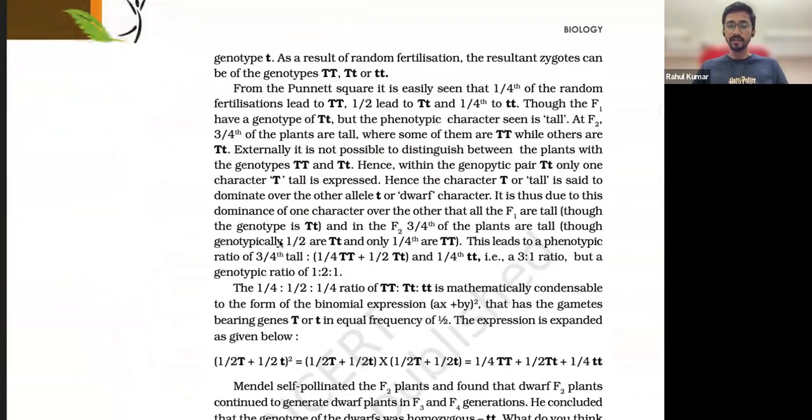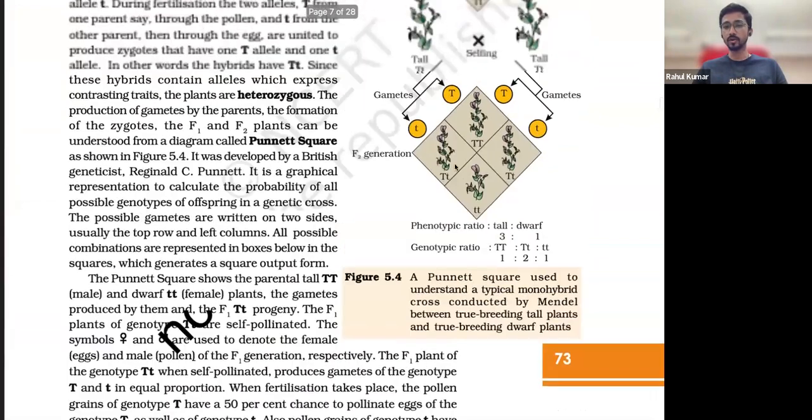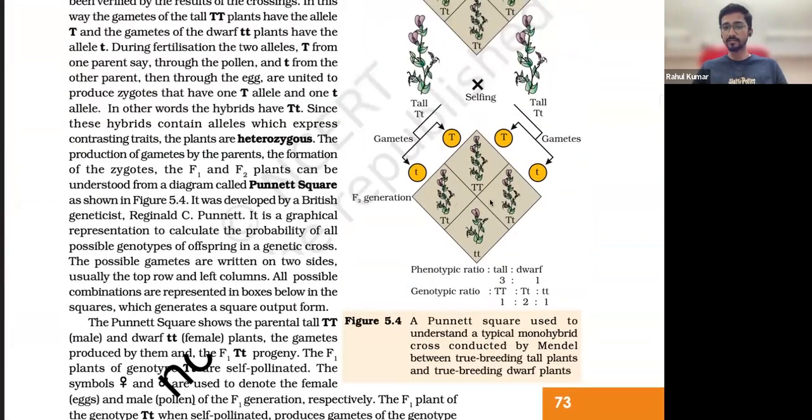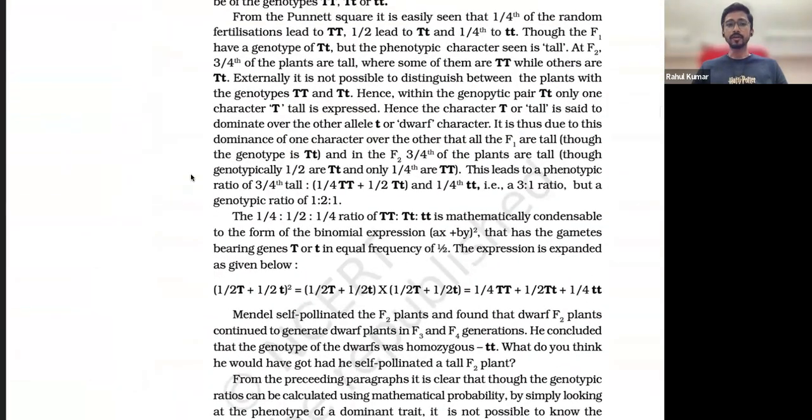And though genotypically half are capital T, small t, and only 1/4 are capital T, which again says that 3 are tall, but only half are capital T, small t, and 1/4 is capital T. This leads to a phenotypic ratio of 3/4 tall and 1/4 dwarf.